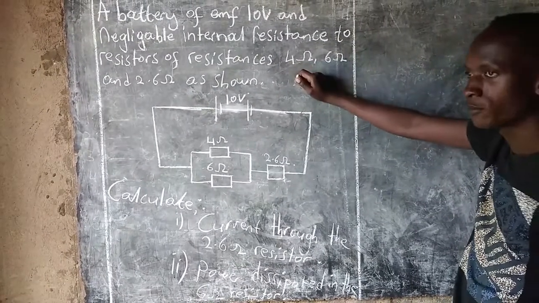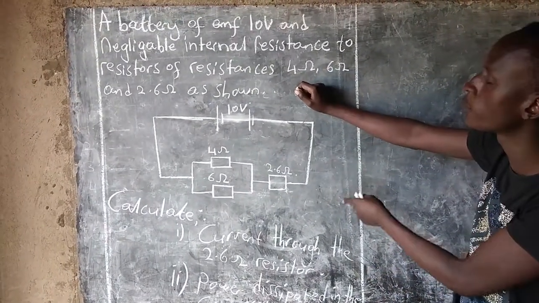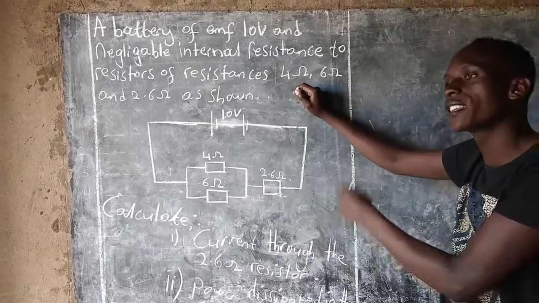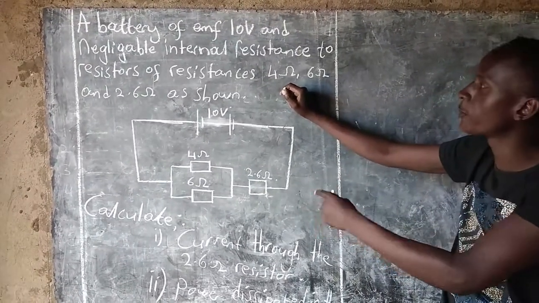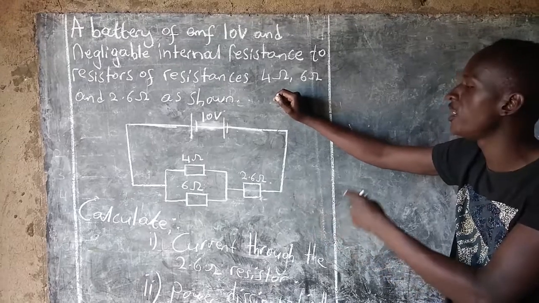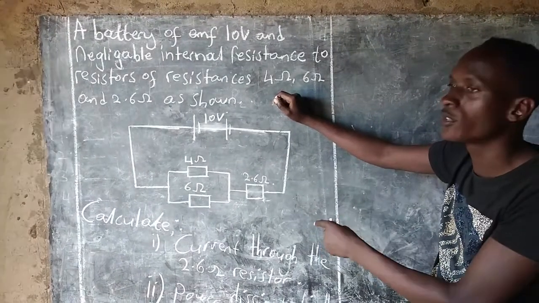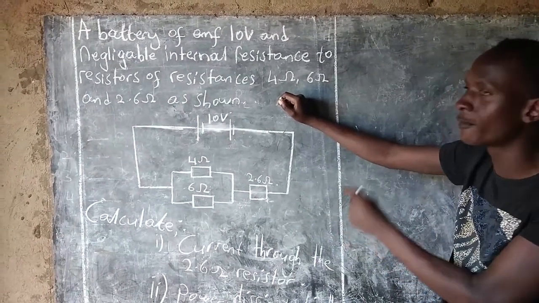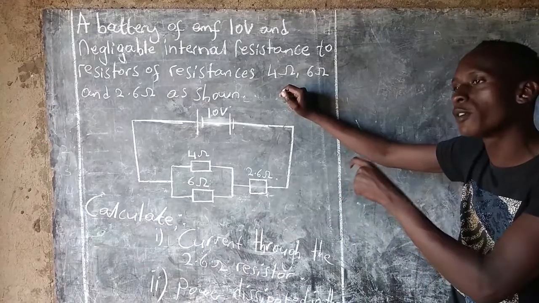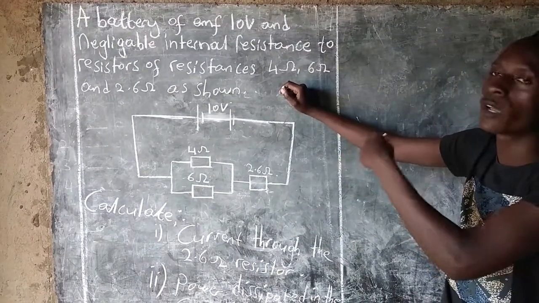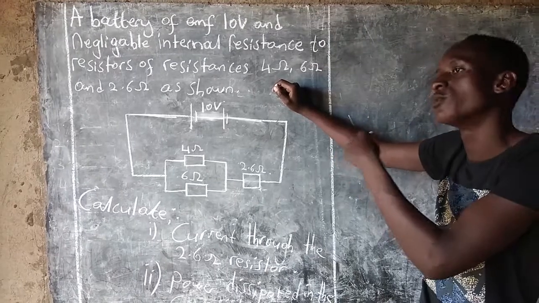This is our question. It is a basic question, but we can use this to understand each and every concept that we can come across in electricity circuit diagrams. This information, remember, is very important if you're preparing to write your final exams.